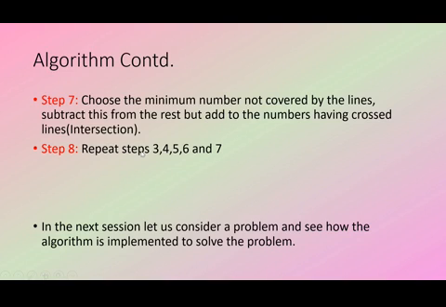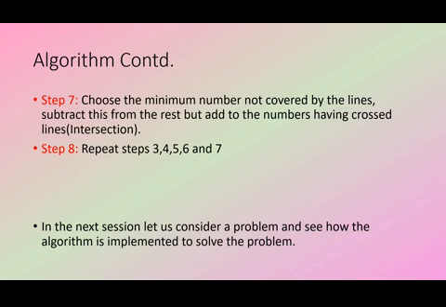So we keep repeating steps 3, 4, 5, 6 and 7 until we get the expected answer. What is the expected answer? The number of allocations that you get should be equal to either the number of rows or number of columns. That is what we expect as the output of the assignment problem.